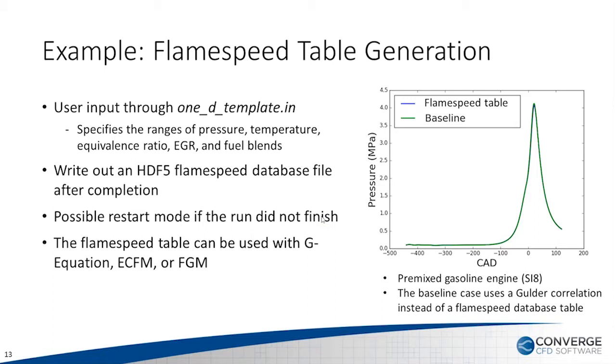Actually, you can do a dual fuel case if you want to generate the table. All the flame speed data will be output and saved in HDF5 format once it's completed. And we have a utility to help you visualize the results after that.